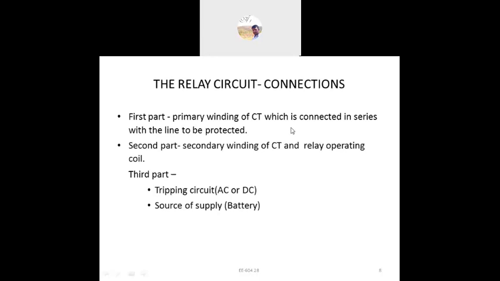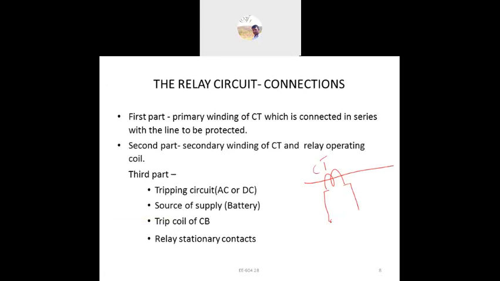Here are the relay circuit connections. What connections do we have with the relay? First, we have the primary winding of the CT, which is connected in series with the line being protected. The secondary winding is also part of the CT, and it carries the relay operating current.